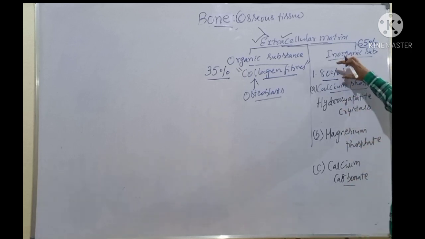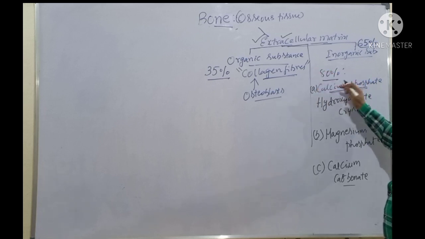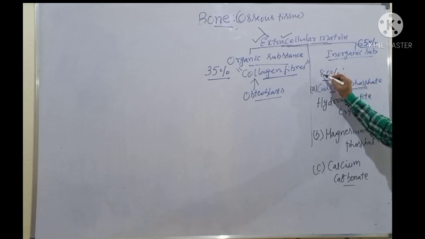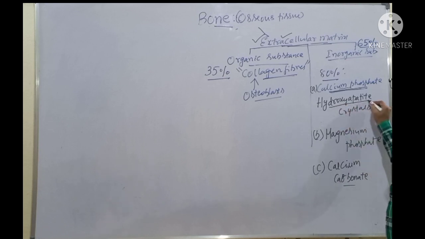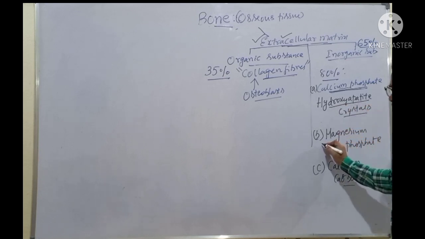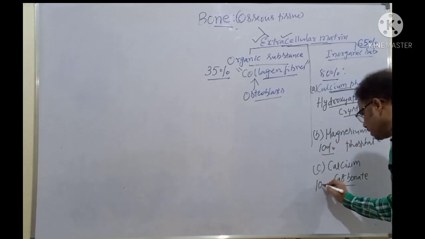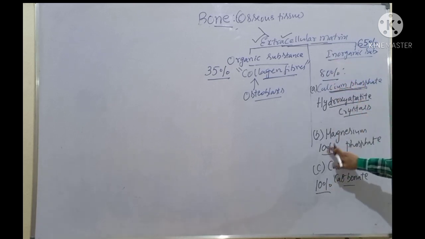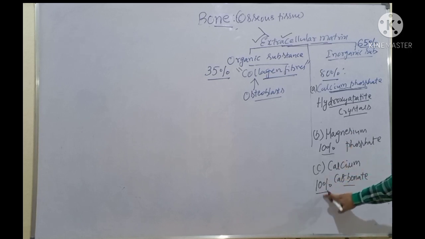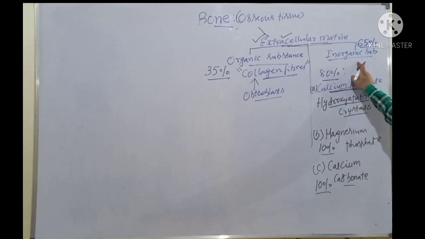So in the inorganic substance, the main content is calcium phosphate, which forms 80% of the inorganic substance alone, in the form of hydroxyapatite crystals. Whereas magnesium phosphate adds only 10%, and calcium carbonate is 10%. So 80% calcium phosphate, 10% magnesium phosphate, and 10% calcium carbonate, totally making 100% of the inorganic substance.